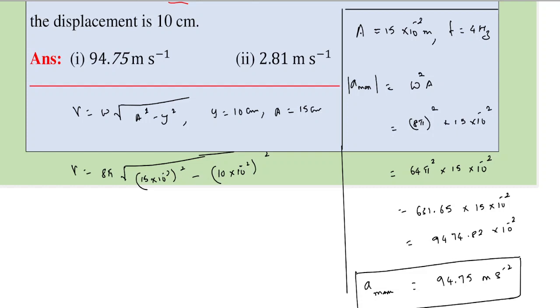From these two terms, 10 power minus 2 whole square is common. It comes out, it becomes 10 power minus 2. So it is 8 pi into under root of 225 minus 100 into 10 power minus 2.